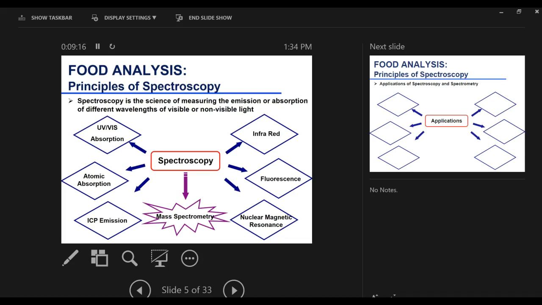And then we have unique absorption for atoms, so atomic absorption and inductively coupled plasma emission. I'll give the abbreviation in the following lectures, when we learn about measuring minerals. We'll have a lab on atomic absorption. We won't have a lab on emission. We don't have an ICP, unfortunately, but we'll learn about the principle.